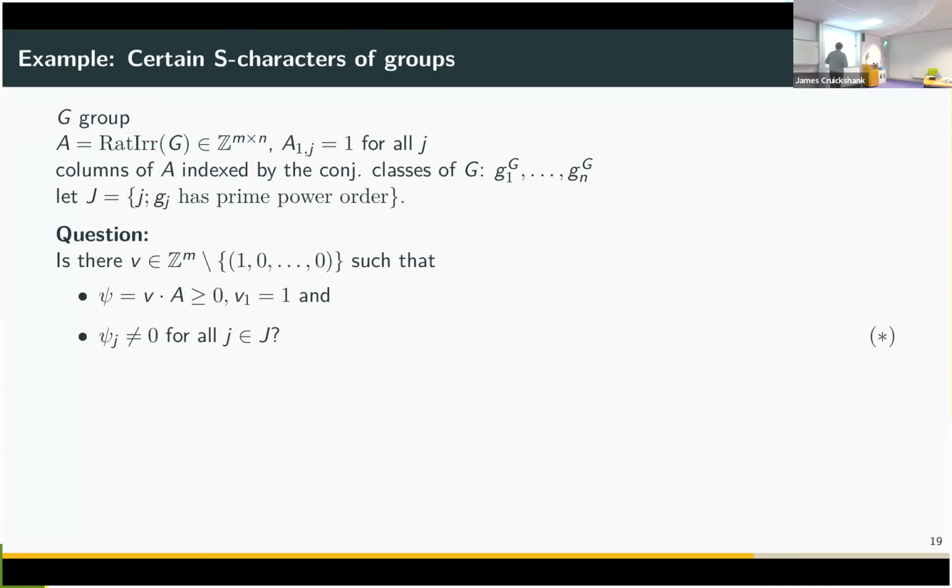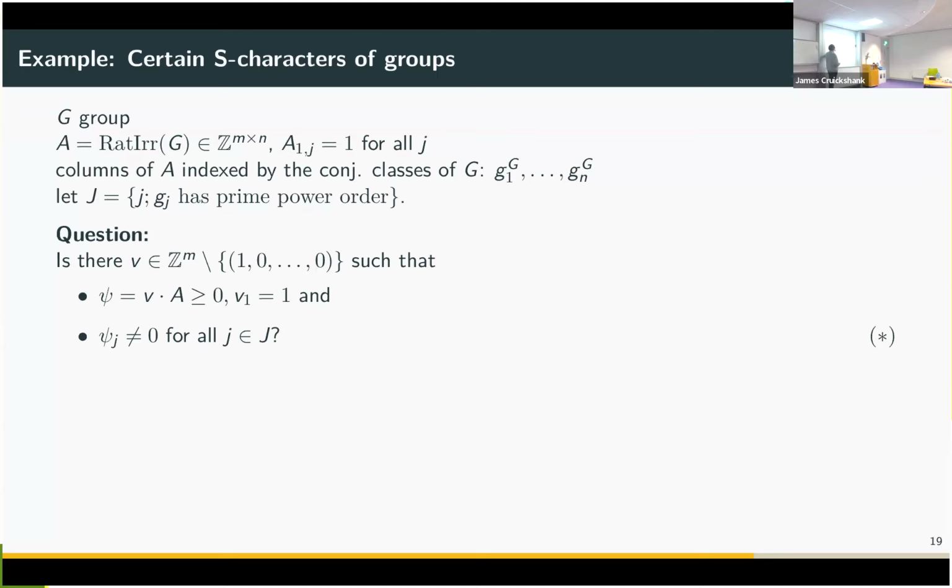The question is, is there some vector m, which is not just 1 followed by 0, so which does not describe just the first row of the matrix, such that multiplying this vector with the matrix, so forming the linear combination of rows of A with these coordinates, gives something which is non-negative?